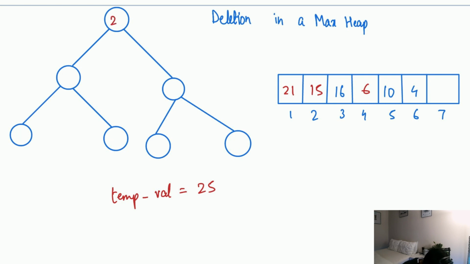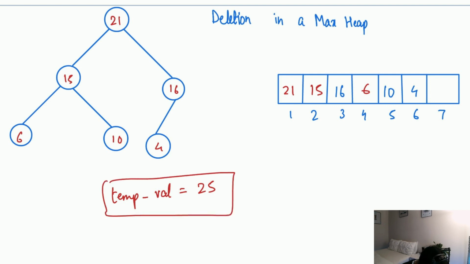So we have 21 at our root node, we have 15 and 16 as its children, and 6 and 10 as 15's children, and 16's child is 4. At this point, this is a max heap, and we have a temp value, which is 21.